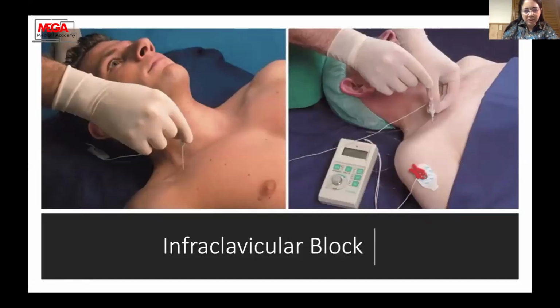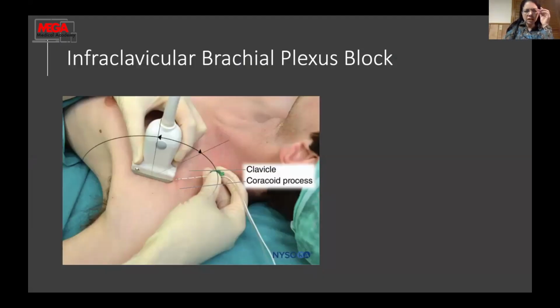So this is with the nerve stimulator. With the nerve stimulator, you go by landmark and you put your needle and you stimulate the brachial plexus infraclavicularly, and based on the stimulation, you place your medications. So using the ultrasound, you can see inside. It makes it safer and easier.